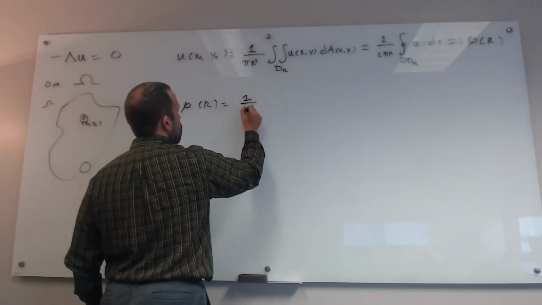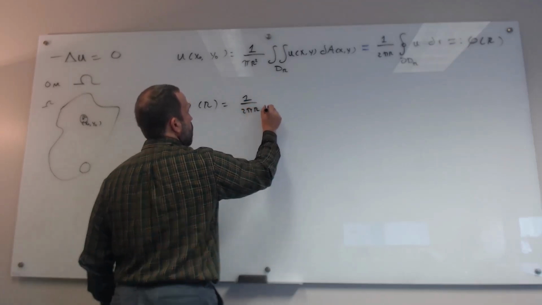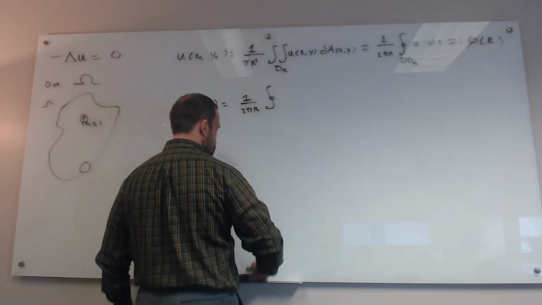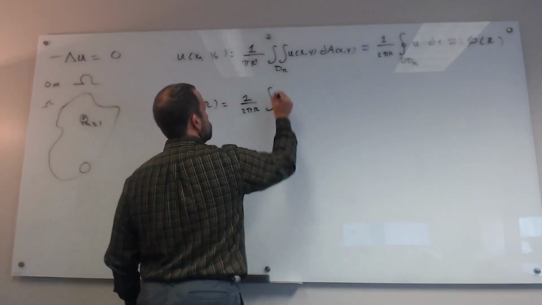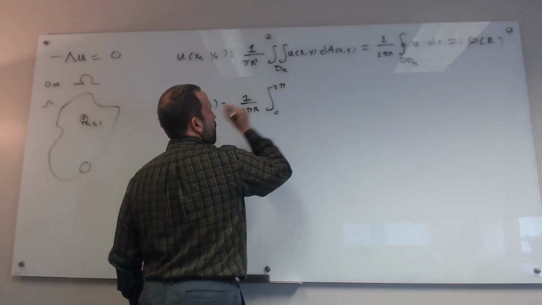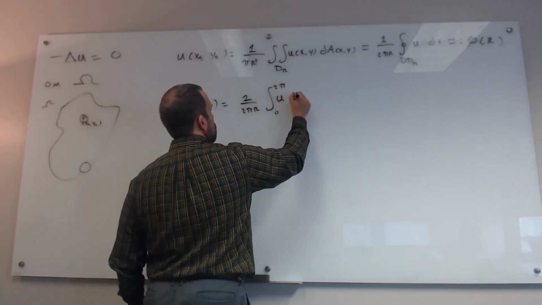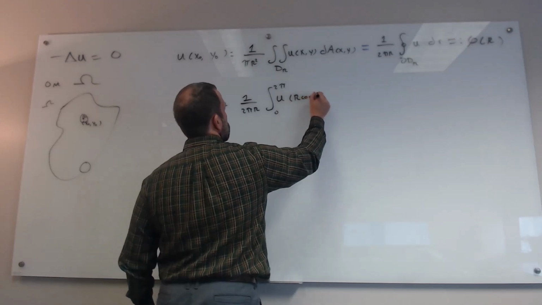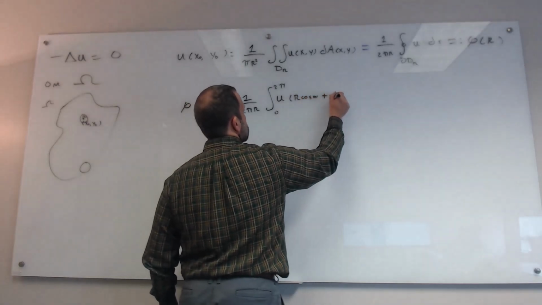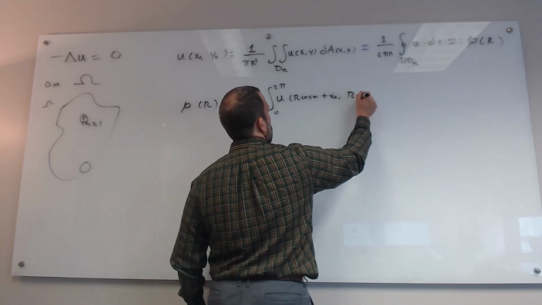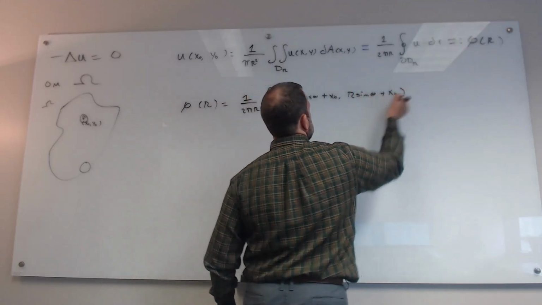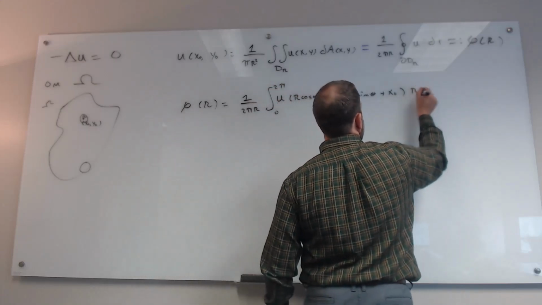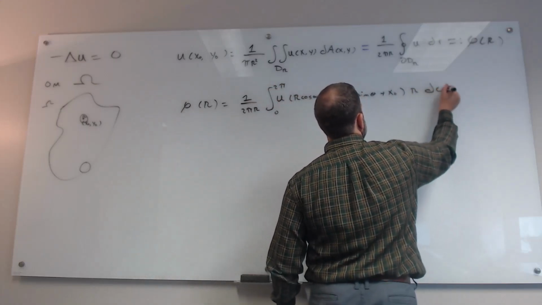So I'm going to have 1 over 2 pi r times the integral from 0 to 2 pi of u of r cosine theta plus x naught, r sine theta plus y naught, times the derivative of the parameterization, which is r times d theta.